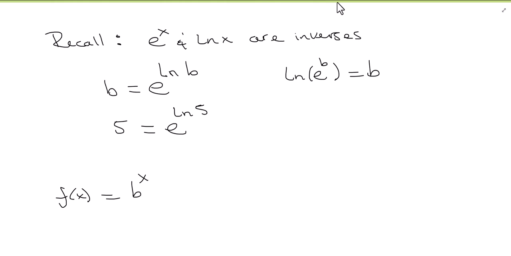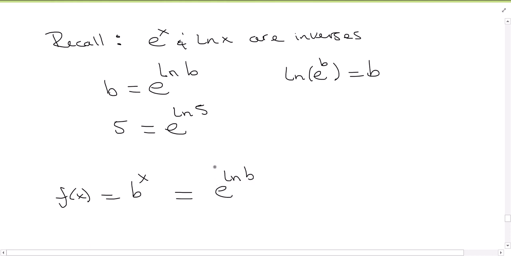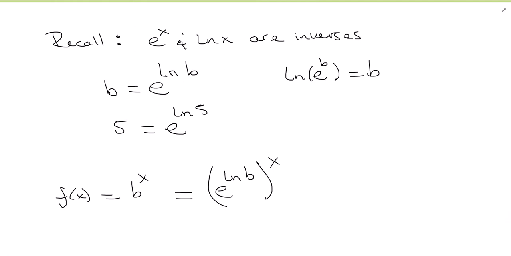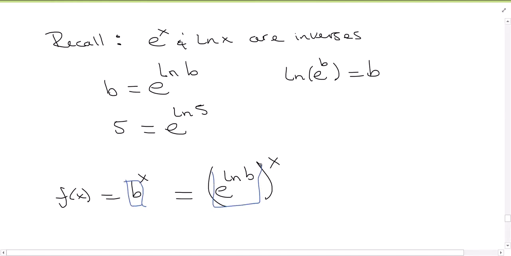So when I have b to the x, I'm going to rewrite this as e to the natural log of b, and then to the x. You with me? I'm just replacing the b with e to the ln of b because this is still equal to b, and so I still have b to the x. And why am I doing that?